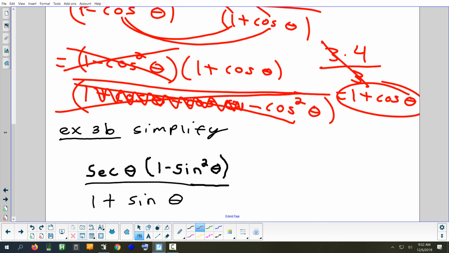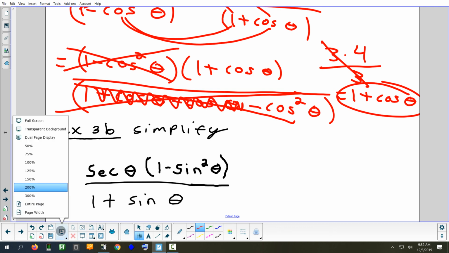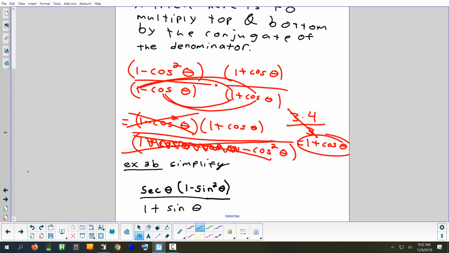Now, if you had to pick between changing to sines and cosines or multiplying by the conjugate, which one would you pick here? Because one way is going to make the problem pretty easy. One way is going to make it pretty hard. Which way would we choose? Find sine and cosine.